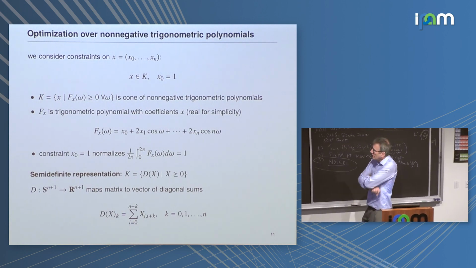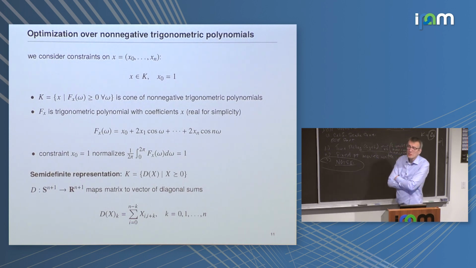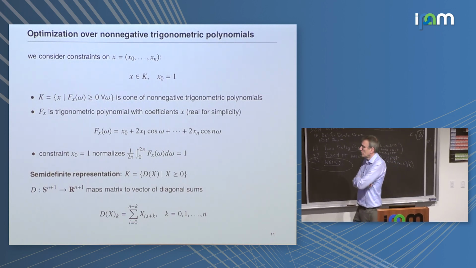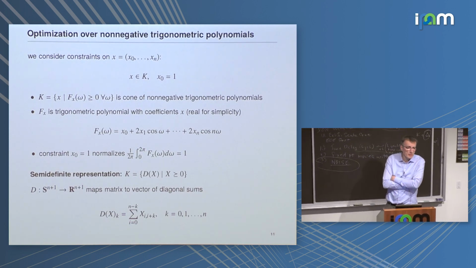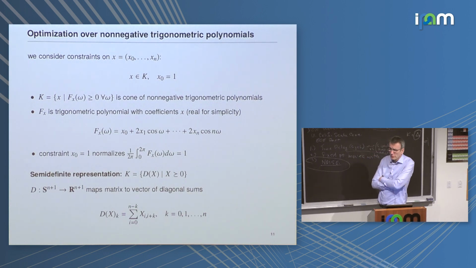We define a linear mapping D that maps a symmetric matrix of size n plus 1 times n plus 1 to a vector of size n plus 1, and it just computes the diagonal sums of the matrix. The first element of D of x is the trace of the matrix. The second element is the sum of the elements on the first subdiagonal, then the second diagonal, and so on.